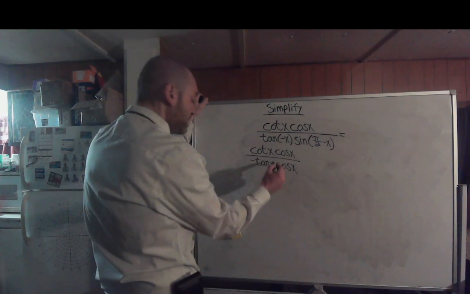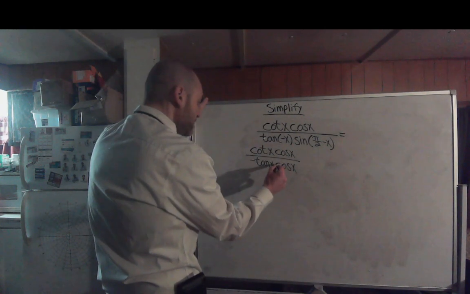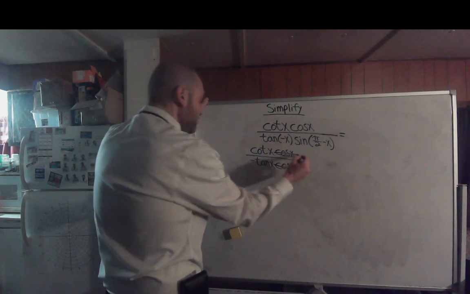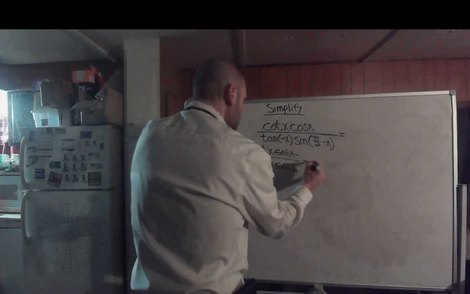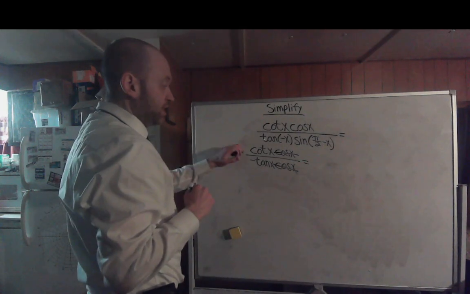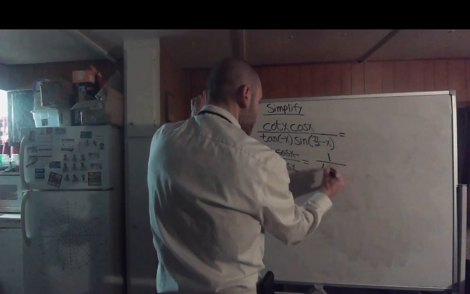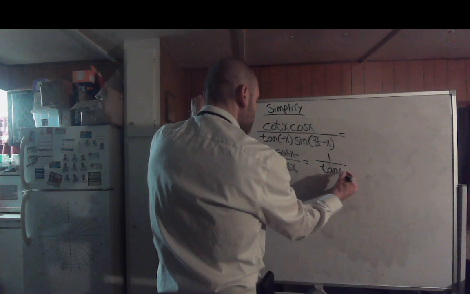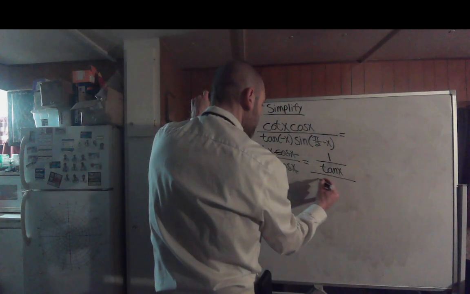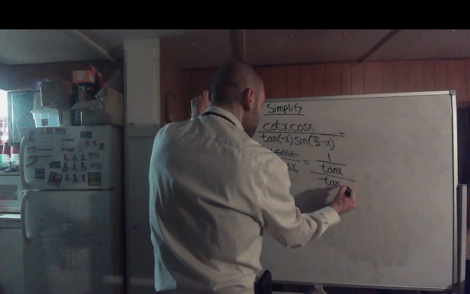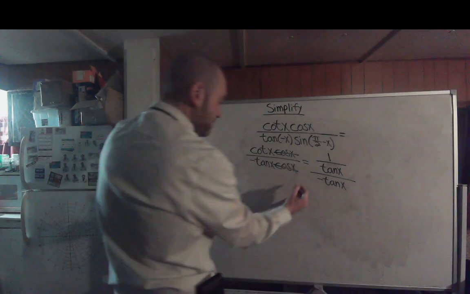Well, there you go. The cosines of x will cancel out. Now, what is the cotangent of x? That's literally the same as 1 over the tangent of x, all over negative of the tangent of x. So invert and multiply.